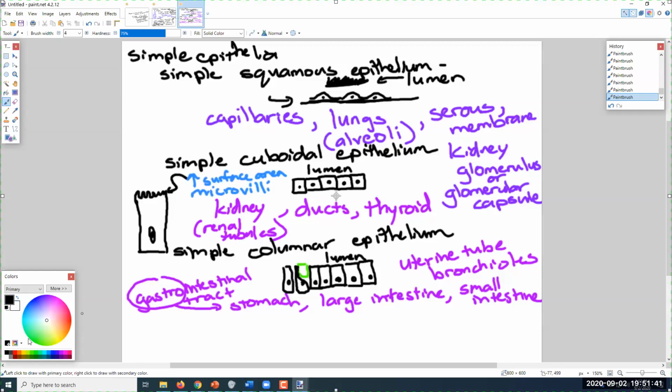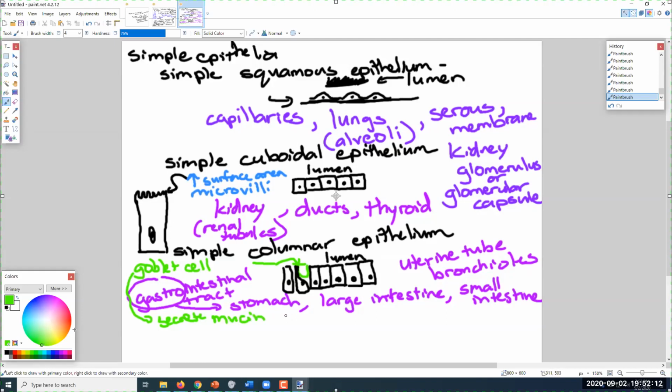Okay, and these clear portions are cells called goblet cells. And the goblet cells secrete mucin. Secrete, once again, is to give out of the cell. It goes out of the cell.